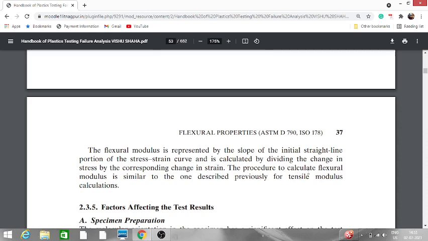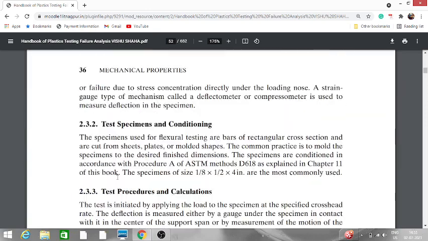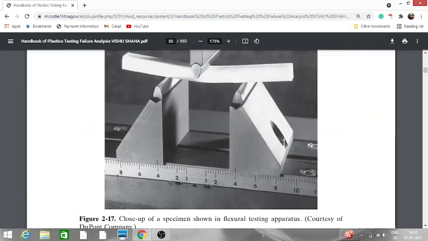The procedure to calculate flexural modulus is similar to the one described previously for tensile modulus calculation. So you can see the tensile modulus calculation.